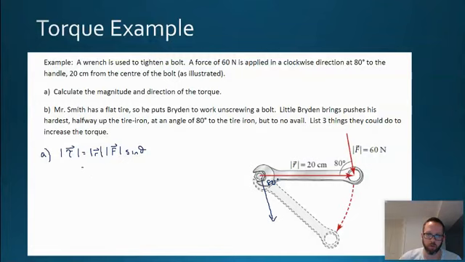So we have 20 centimeters. Now you need to be careful here. The units of torque are Newton meters, so you need to have that in meters: 0.2 meters times 60 newtons times the sine of 80. And what do we get? 0.2 times 60 times sine 80, about 11.8 Newton meters of torque.